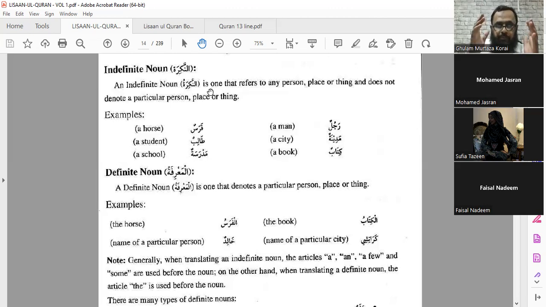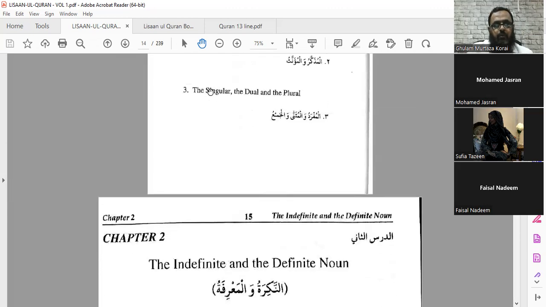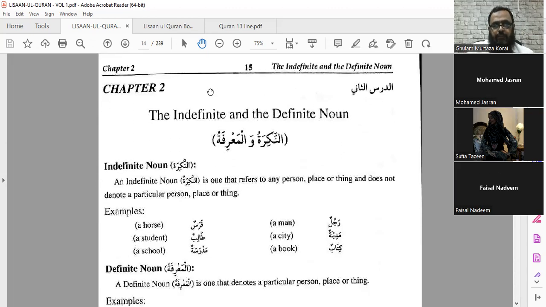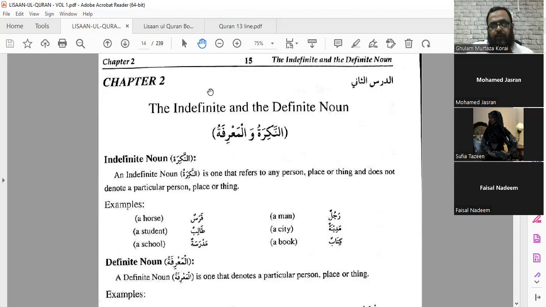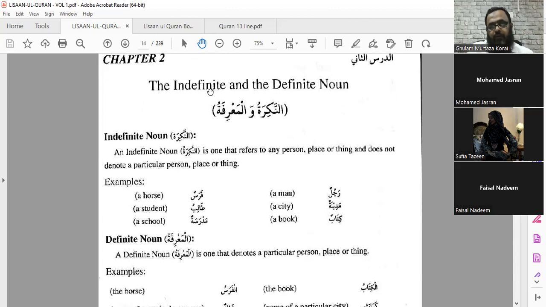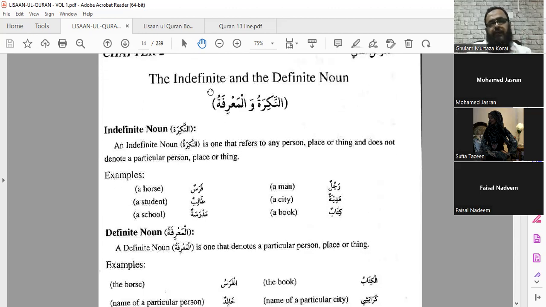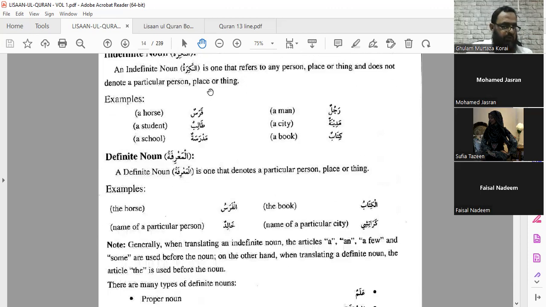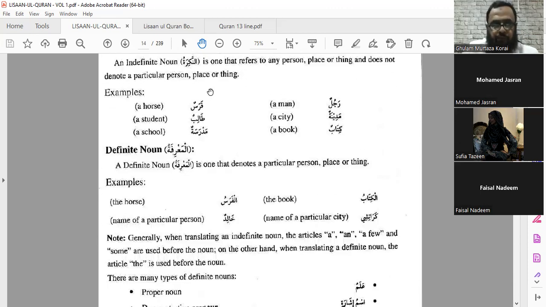But when we talk about a proper noun, that is a proper name given to a person, place, or thing. That is known as al-ma'rifatu in Arabic. This is chapter 2, ad-darsu ath-thani, an-nakiratu wal-ma'rifatu. An-nakira means common noun, and al-ma'rifa means proper noun. Any questions up to now? Then I'll move forward. If you have any questions, please let me know.